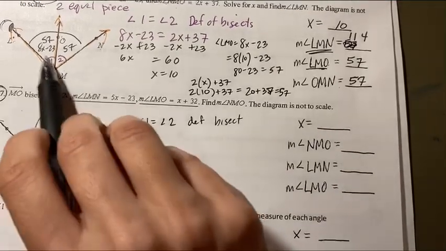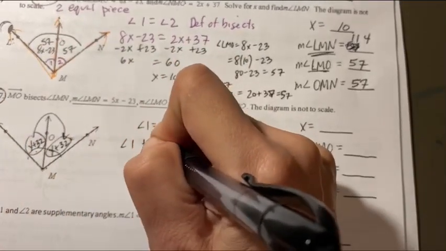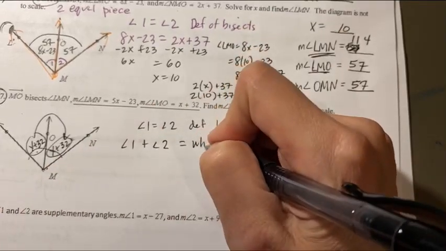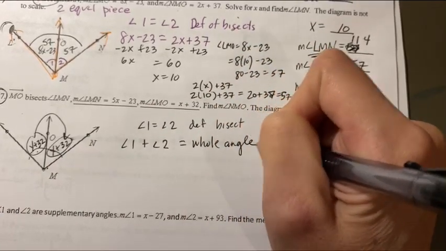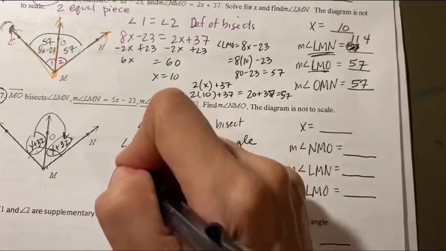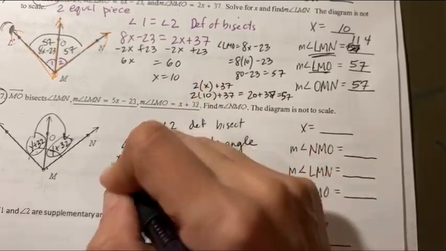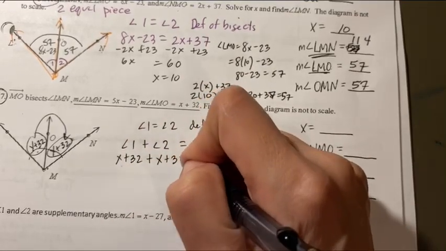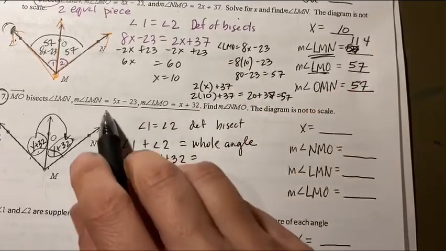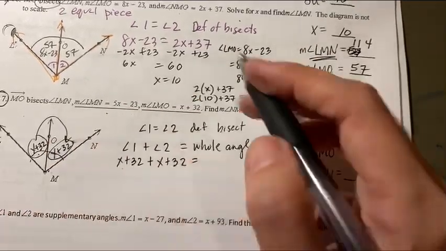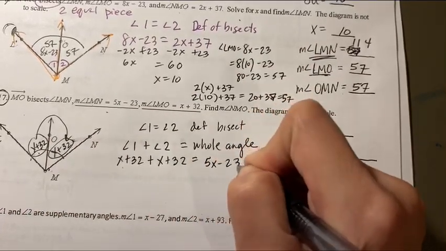So this angle, angle 1 plus angle 2, has to add up to the whole angle. So this time, angle 1 is x plus 32. The other angle we don't know, but we know it's equal to the first angle, so we could substitute the same expression in. But this time is a little different. We know the final angle, LMN, is 5x minus 23.